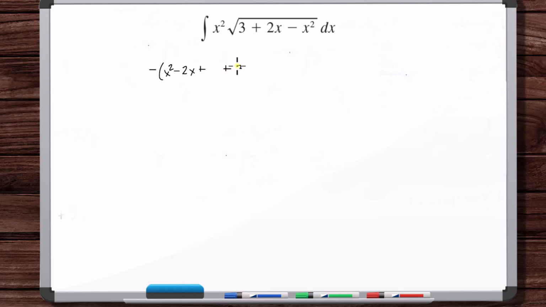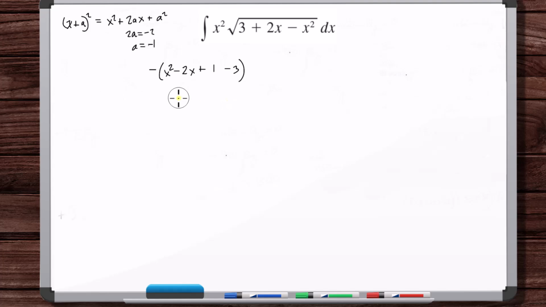Oh, no, this would be minus 3. Okay, so x plus a squared is x squared plus 2ax plus a squared. Here 2a is minus 2, so a is minus 1. So that means this would be a 1.